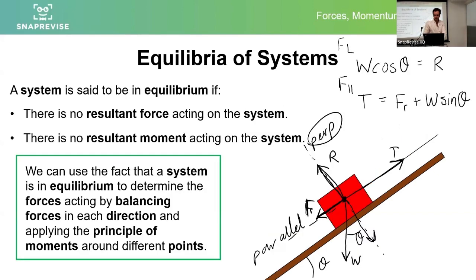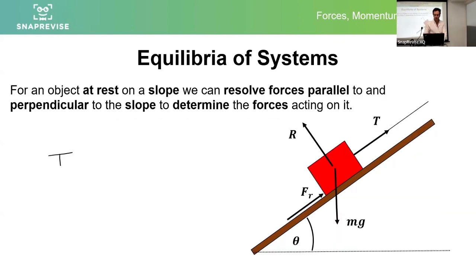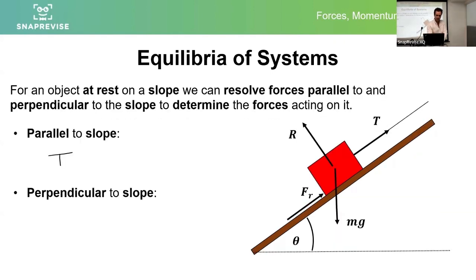So instead of the friction acting on this side of the equation, it's going to turncoat. It's going to join the tension in acting up the slope, and that is going to have to be equal to the sine theta component of the weight mg.